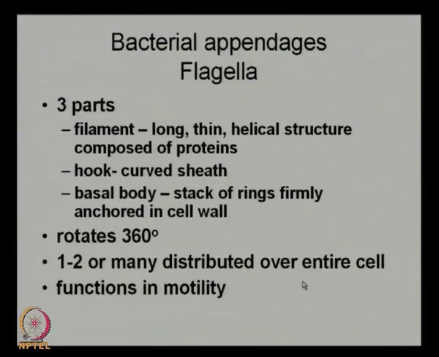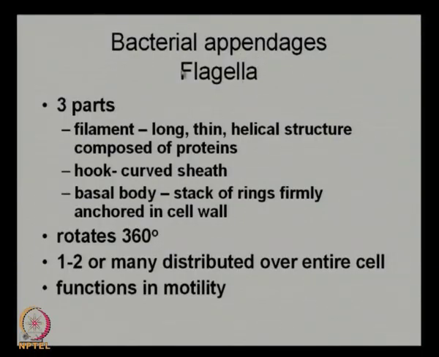Now, let us come one by one to each of these organelles present in the bacterial cell. This bacterial appendage, the flagella, can be divided into three major parts. One is the filament, the long thin helical structure mainly composed of proteins.